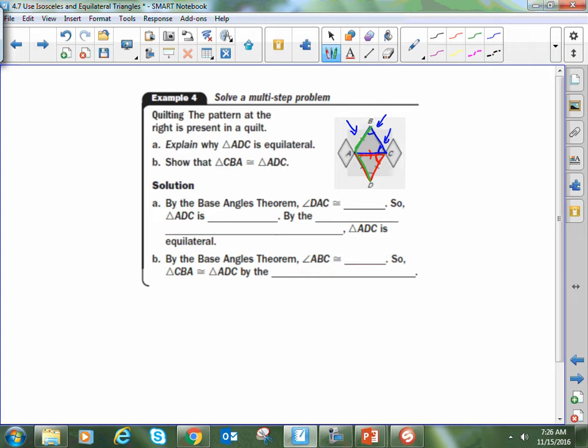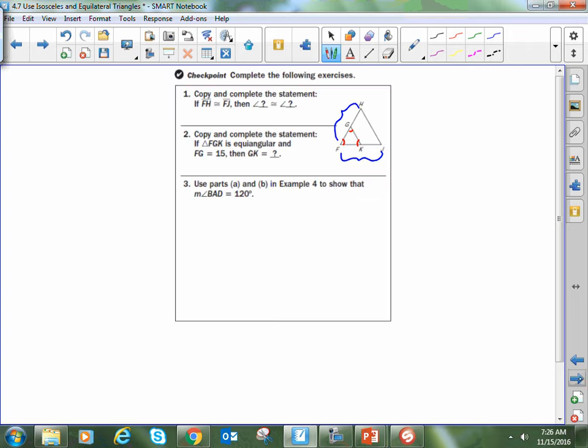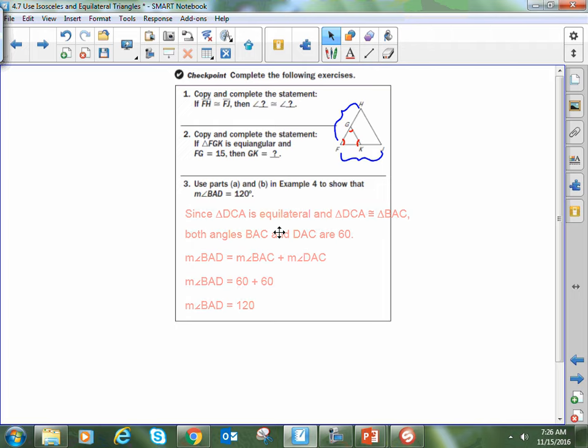What we have shown in this example is that the two triangles, the one in red and the one in blue, were both equilateral. So that means angle BAC and angle DAC are both 60, so together they make angle BAD, which makes it 120. So that's what I'm using as an explanation in my answer for part 3.